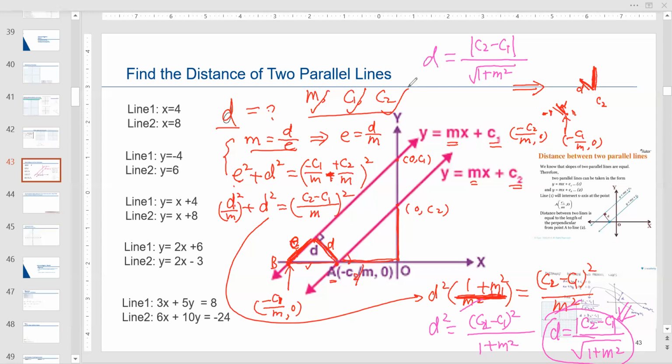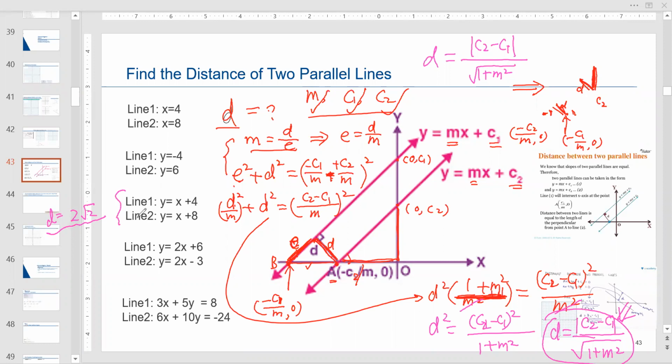So this is the relationship between D with the slope and the 2 y-intercepts. So let's check this one right now. Right now we know the distance between the two is D equal to square root 2. Let's use this formula. Can we confirm it or not?